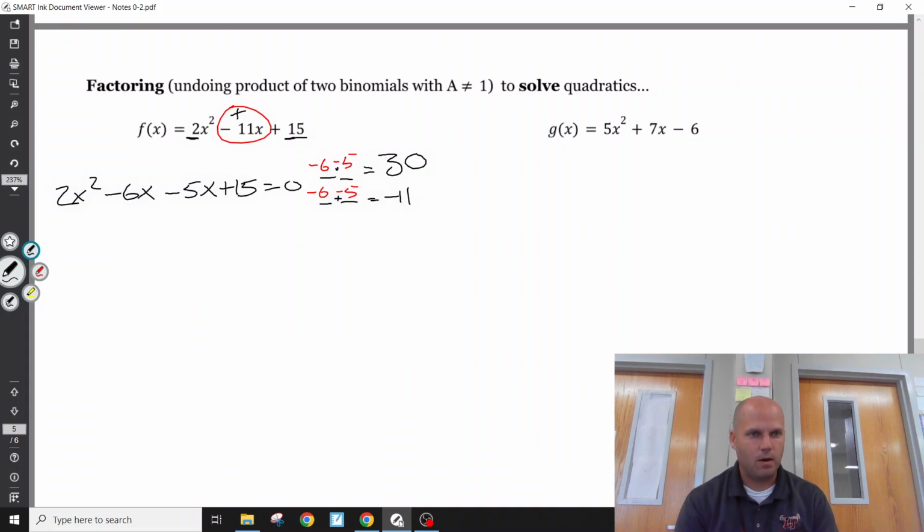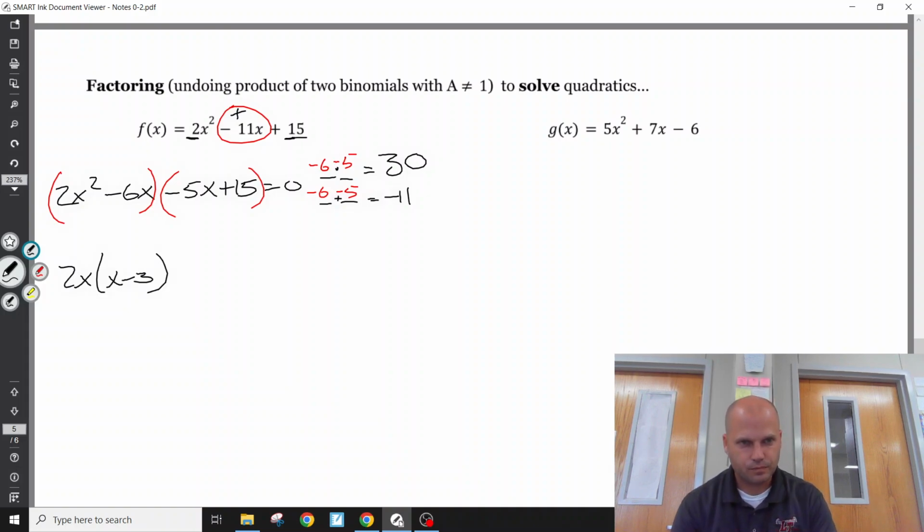Okay? Now, after doing that, we factor by grouping, which is like take 2 things, both 2 things, and try to factor out the greatest common factor from each of those. Making sure that after you factor them out, that whatever is left is the same.